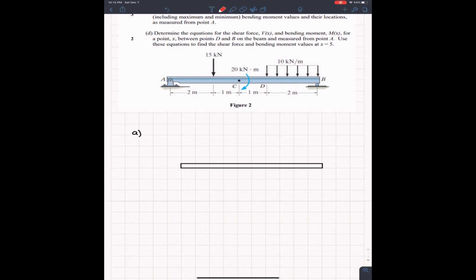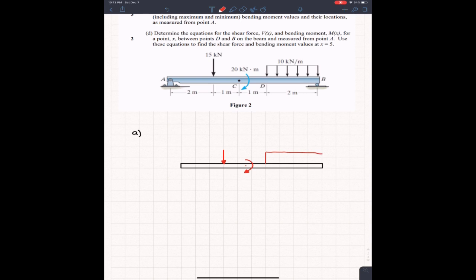So we're going to start by putting on all the external forces onto the beam. So we see that we have a vertical load over here. We see that there's a concentrated moment, let's say somewhere right here. And then at the very end of the beam, we have a distributed load. So I'm not sure exactly where I want to put this. We'll just put it like this.